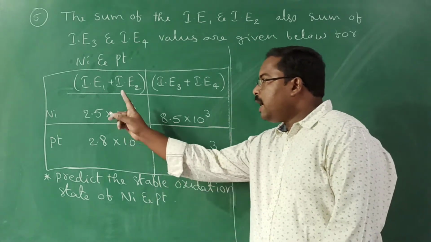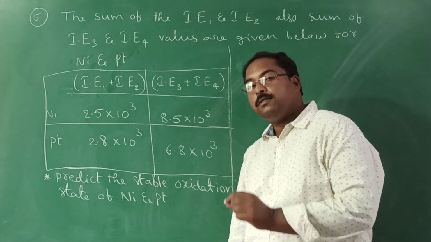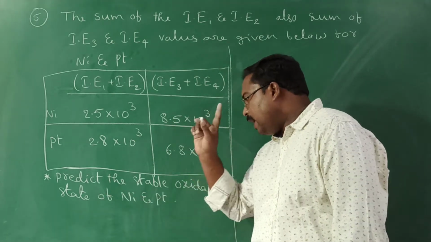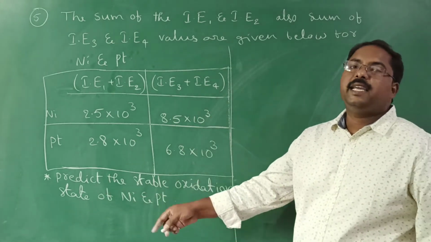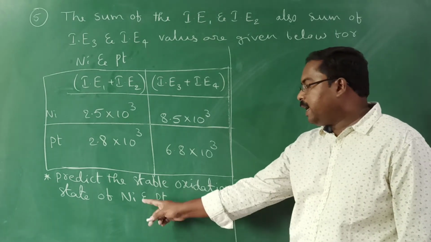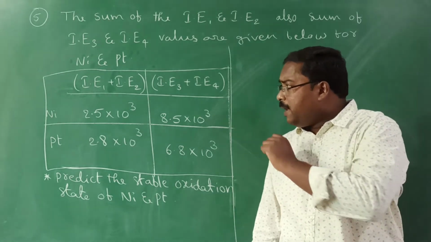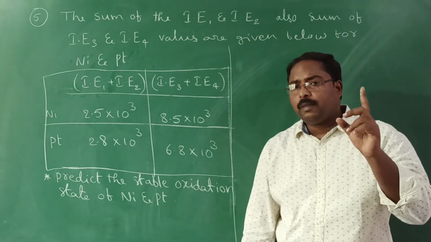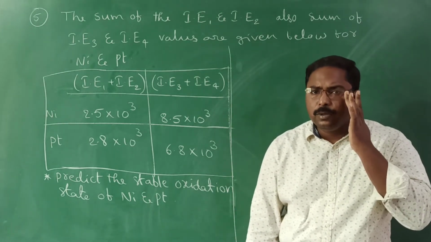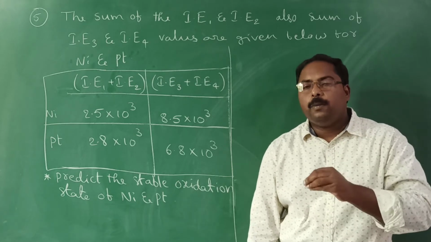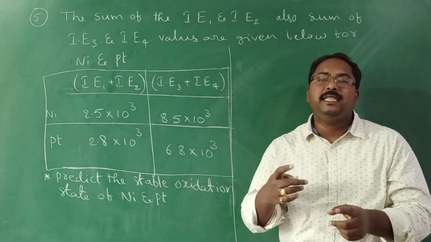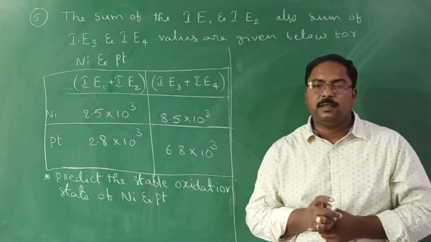Now, using the ionization energy values, the question is asking to find the stable oxidation state of nickel as well as platinum. Why I am explaining this question is, in yesterday's class we discussed 2 or 3 numericals or problems related to finding the number of valence electrons.